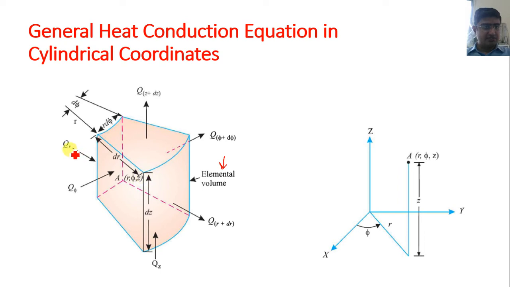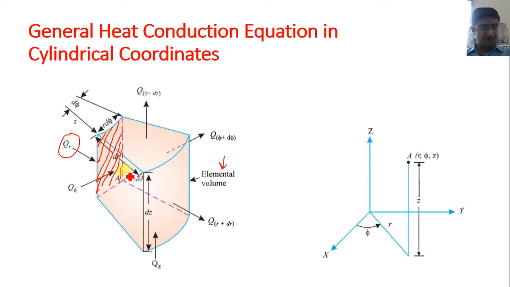So first of all, here is the Qr. It means the heat entering in the radial direction, the face shown by the hatching lines, which is known as Qr. So Qr is the amount of heat entering in the radial direction.